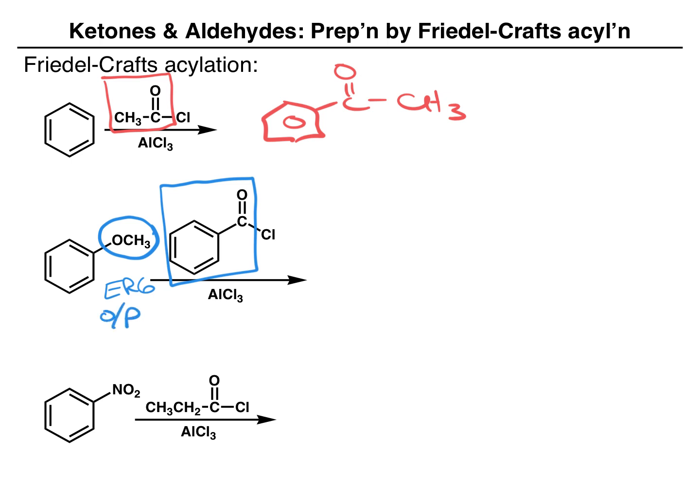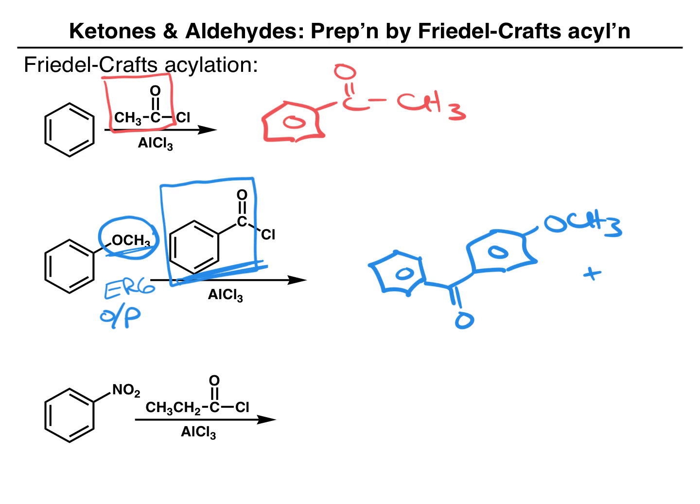So that means that this group is going to be installed ortho or para to the methoxy group. So from this reaction, we should make this product along with some of the ortho. Because this is pretty big, I would guess that we're going to get more para than ortho, but we should consider the formation of both.